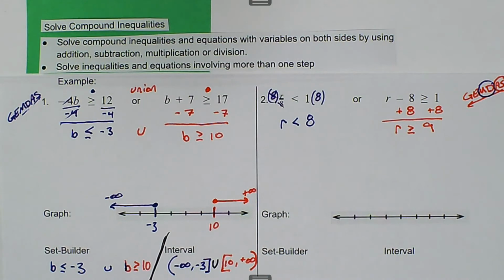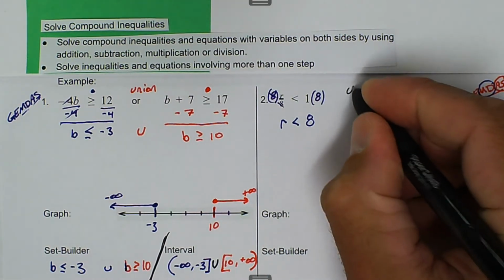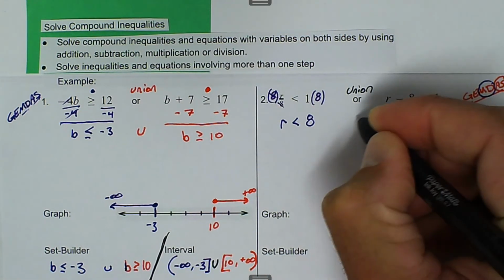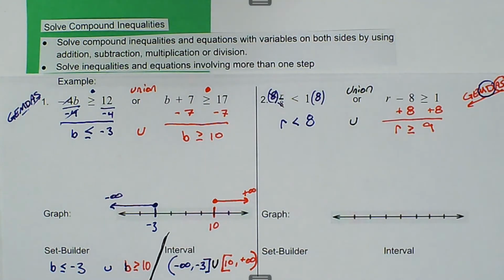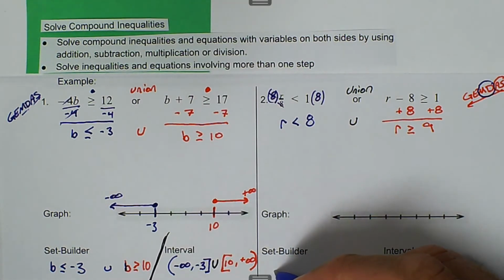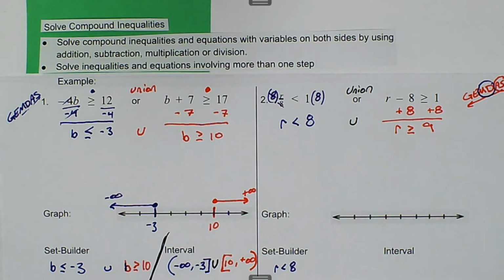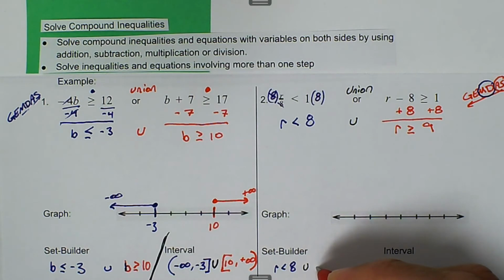The or, remember, means union, so we can put our union between. And basically, that is our set builder notation right there. So r is less than 8, union r is greater than or equal to 9.